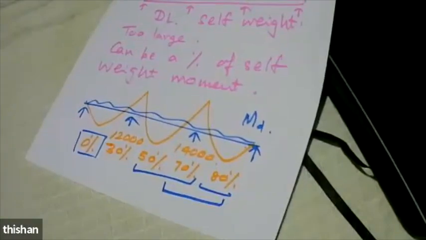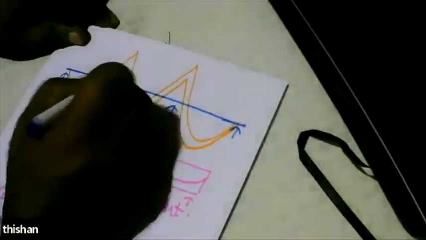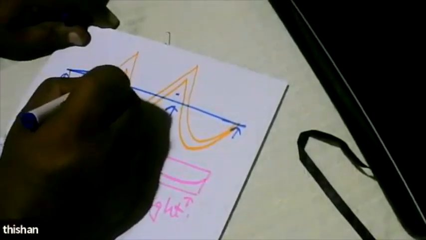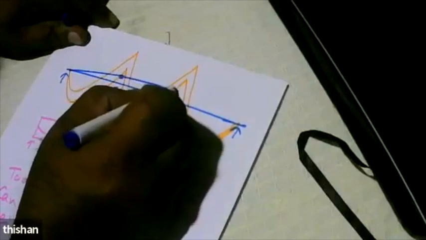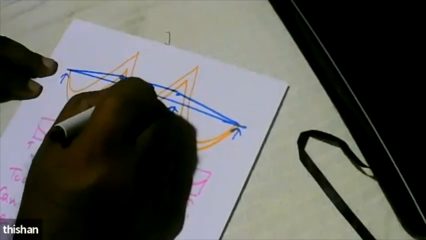So if you are going to have 70 to 80% of the dead load moment, now I am going to mark those values and then draw a new origin for the bending moment diagram. And then all the moments are measured from the new origin.